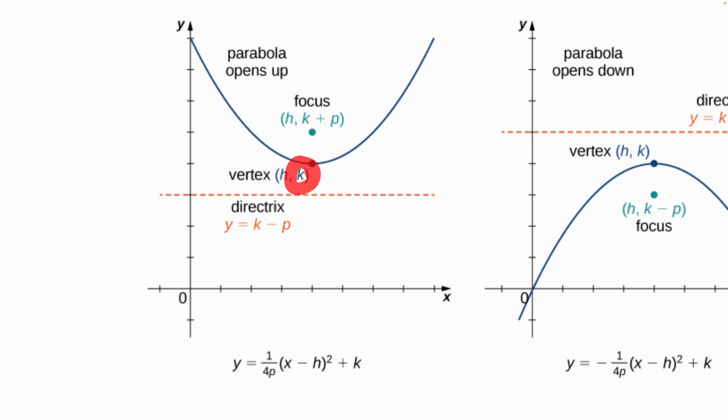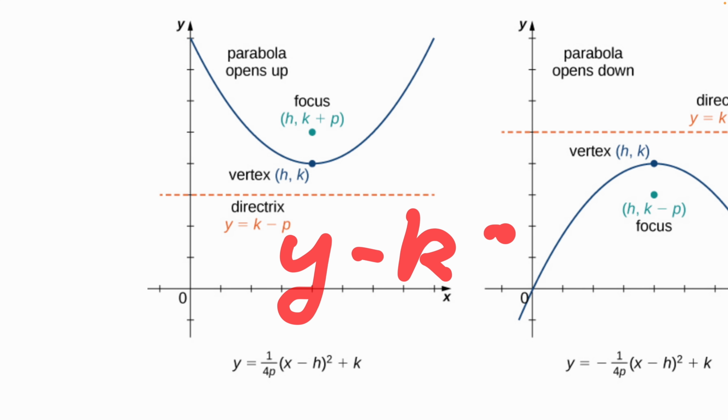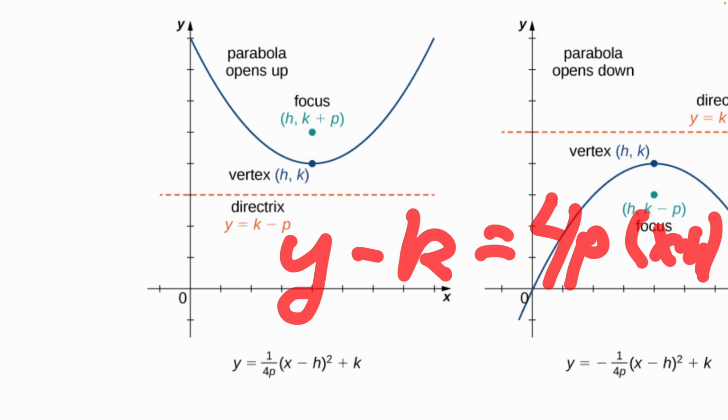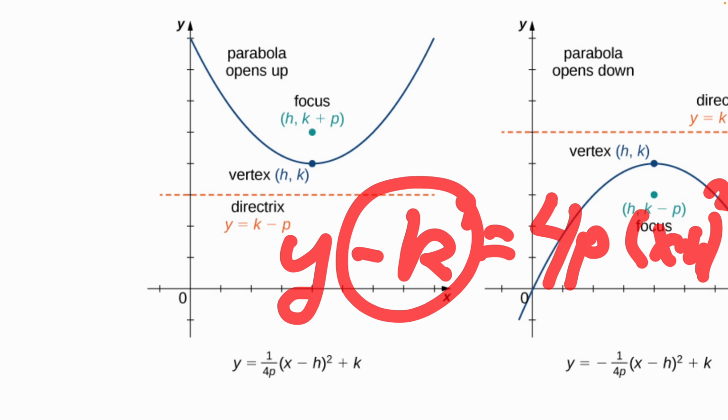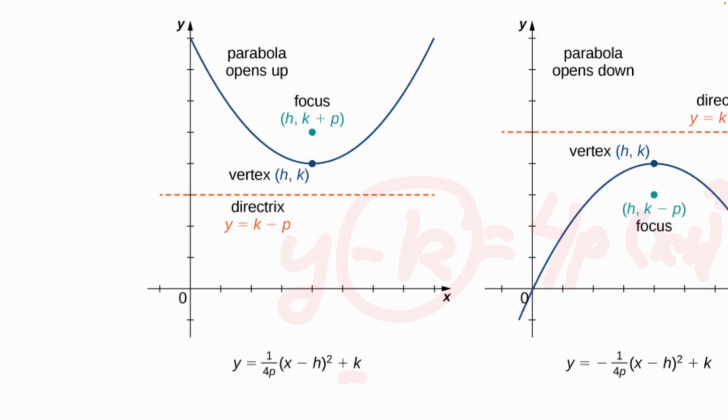Then if you want to change your y, you have to change your y by looking at y as y minus k. So that would be y minus k equals 4p times quantity x minus h squared. Then take the minus y and plus it to the other side. And that would give you 4py, so then divide through by 4p. Alrighty.